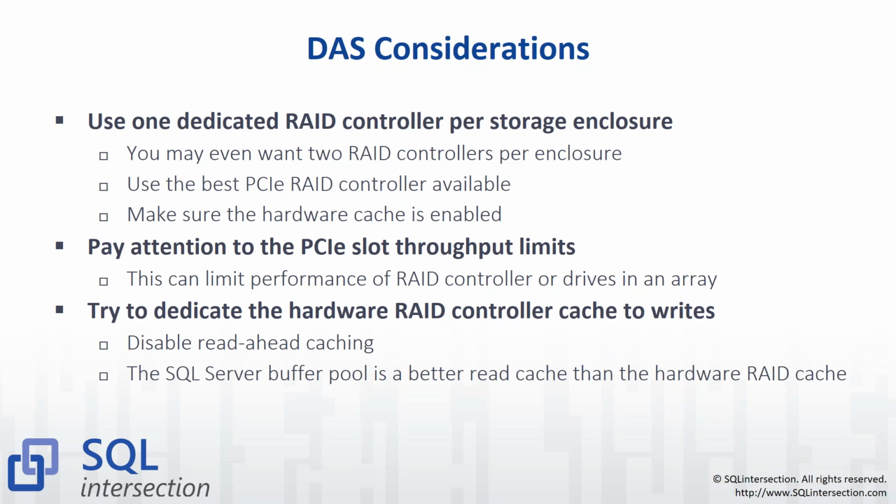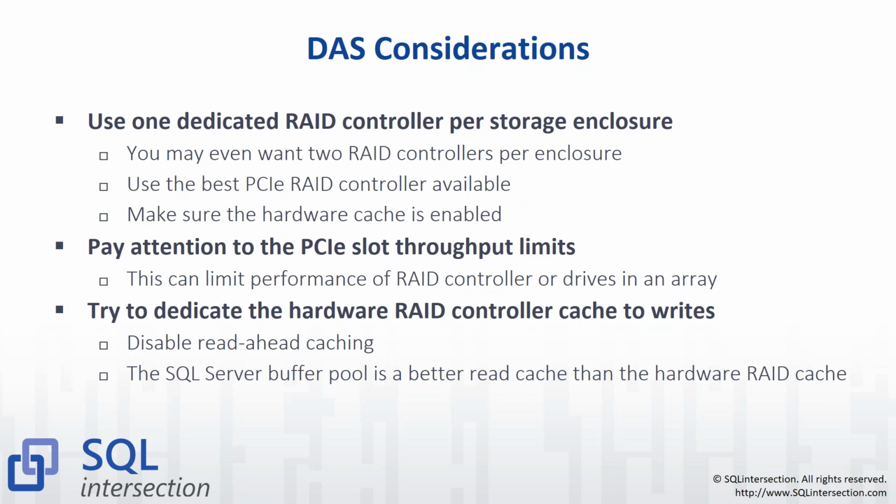And you want to make sure that the hardware cache is actually enabled on the RAID controller. With Dell servers, for example, they have a tool called Dell OMSA that lets you go in and create arrays in Windows. And if you do that, by default, that hardware cache that you paid the extra money for is disabled. And I've seen a lot of customers running that way for years and they didn't know it. And just turning that on made a huge difference in their performance.